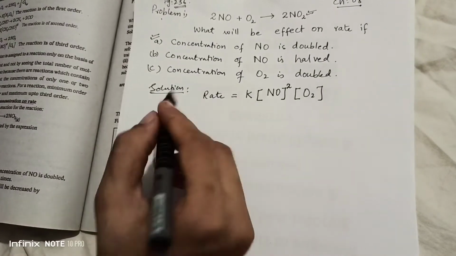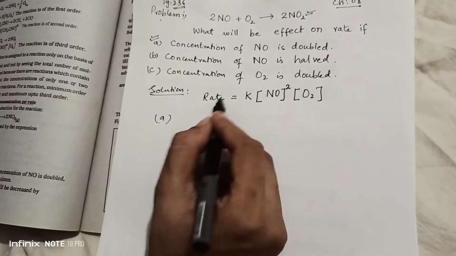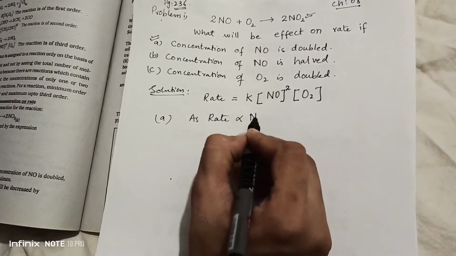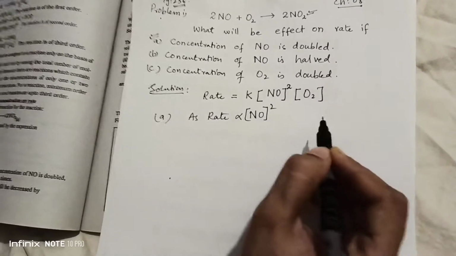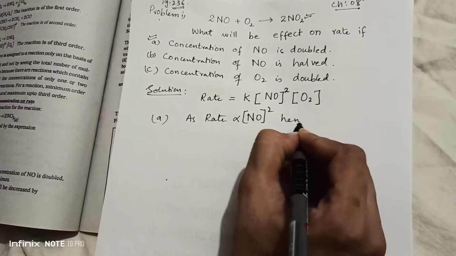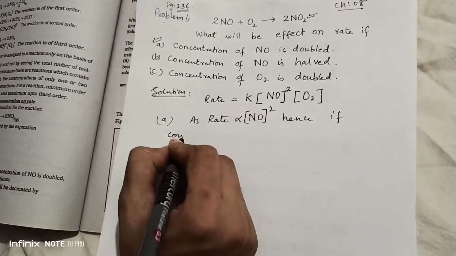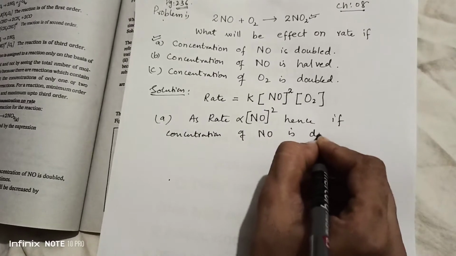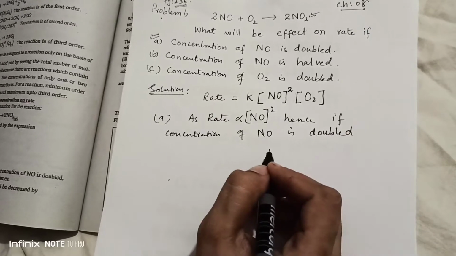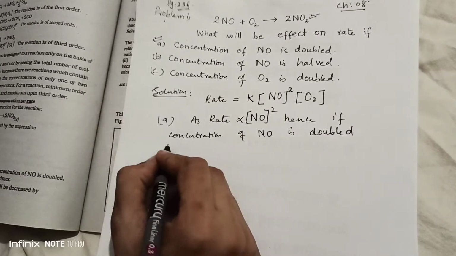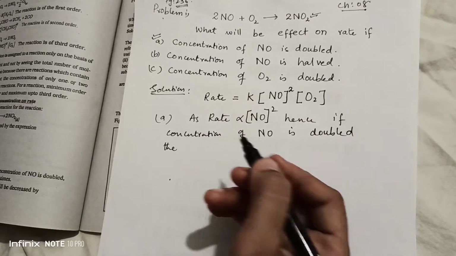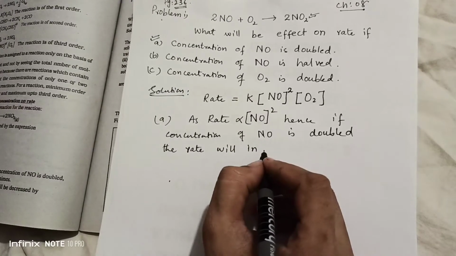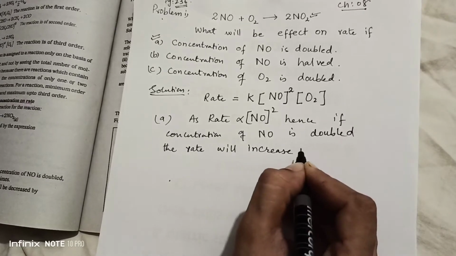As the rate is directly proportional to [NO] squared, if the concentration of NO is doubled, meaning it increases by 2 times, the rate will increase 2 squared, which is 4 times. The rate will increase 4 times.